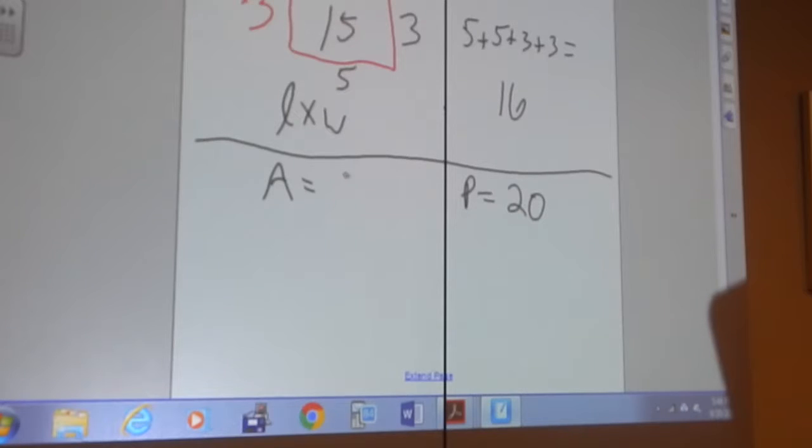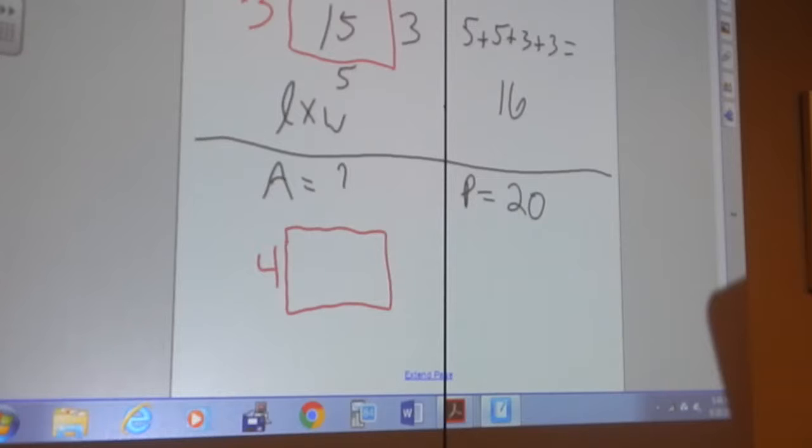I'm looking for the area, and all I know is one of my sides is a 4. I'm looking for my area, and I know one of my sides is a 4.